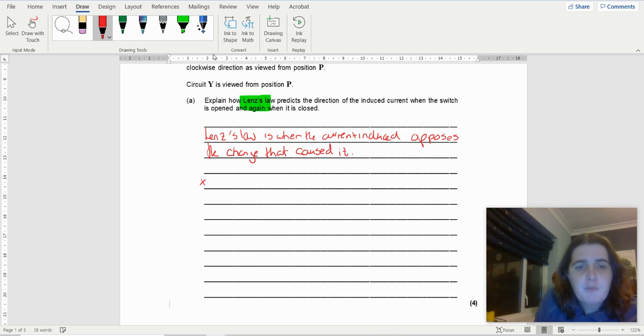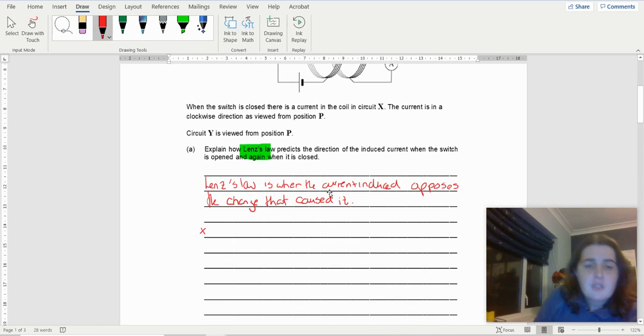So the first thing is we want to talk about when the switch is closed. So this is the closed switch. Ooh, can't spell today. Sorry, difficulty earlier as well. Closed switch.